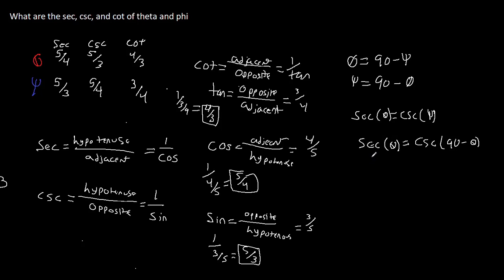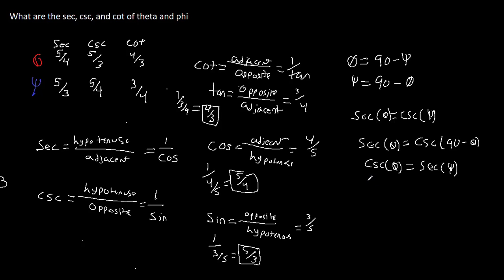And we can do the same thing with cosecant. We know that the cosecant of theta is equal to the secant of phi. That's this relationship right here. The cosecant of theta is the same as the secant of phi.